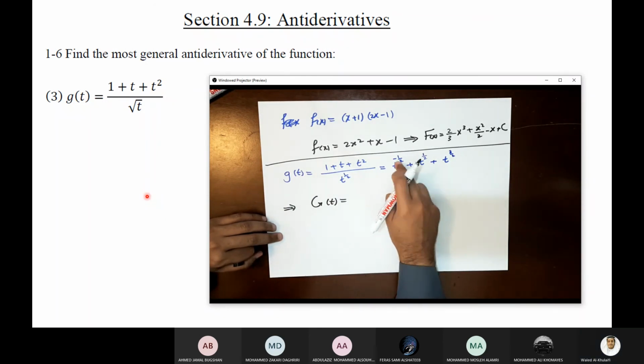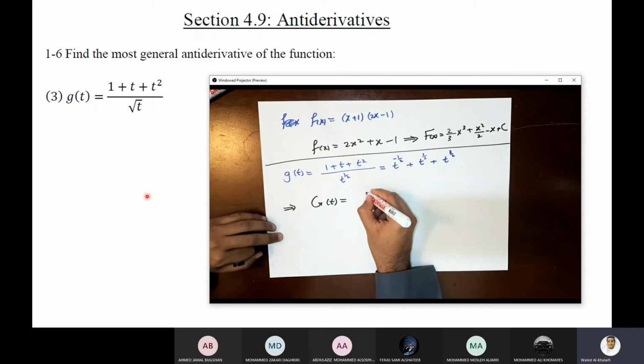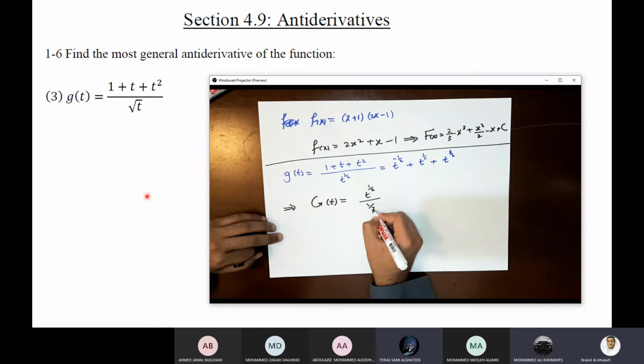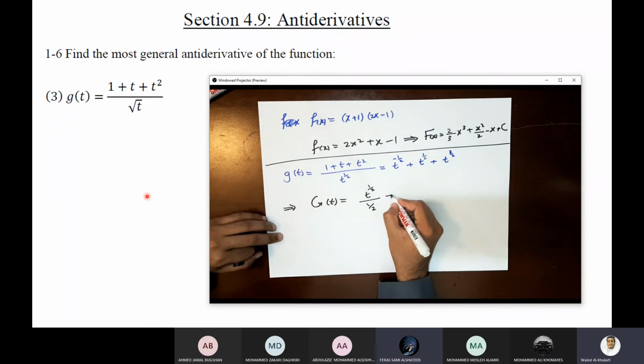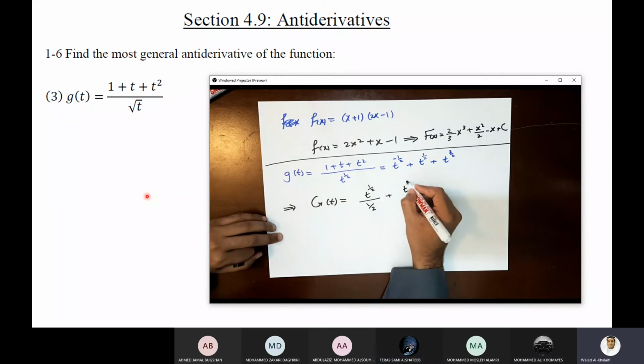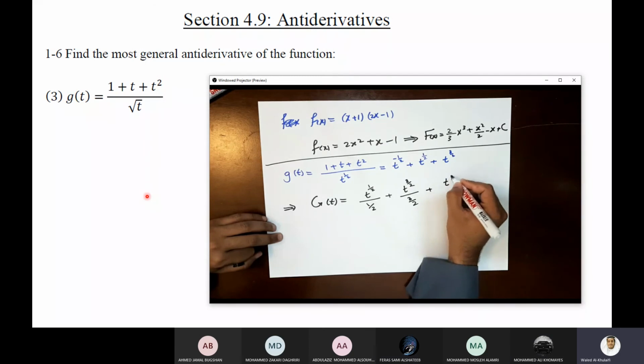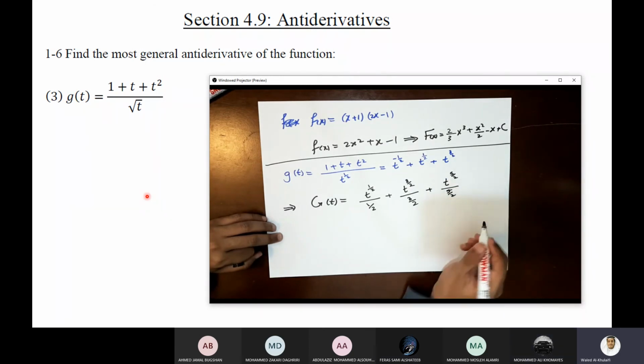Add 1, it becomes what? t to the power 1 over half. t to the power 3 over 2, over 3 over 2, plus t to the power 5 over 2, over 5 over 2.